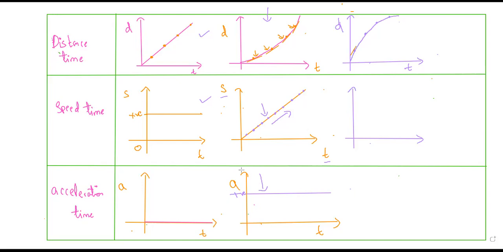Oh, okay, so it's a curve. So the second speed time graph that we are supposed to make now would be top left to bottom right. Very good.